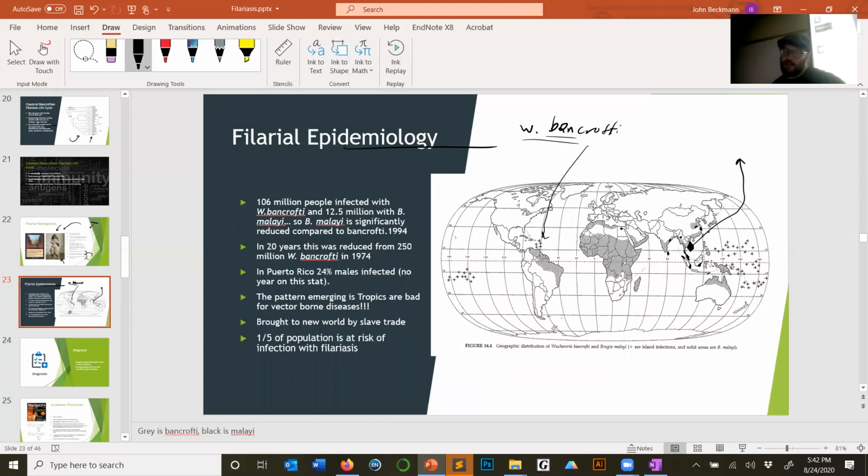But to be honest, we're getting better at treating this disease. So this is in 1974, almost 50 years ago now, there were 250 million cases a year. In 1994, there were 106 million. So in about 20 to 30 years, we've cut that amount in half. So we're getting better at dealing with this disease.